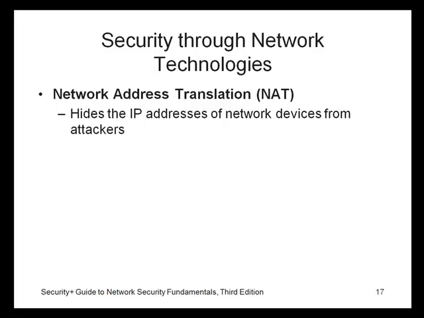The attacker doesn't have a real good indication of how big your network is or what IP addressing scheme you're using. So it reduces the number of IP addresses that we have to buy. Probably most of you, I know I am, are using PAT because I only bought one IP address.